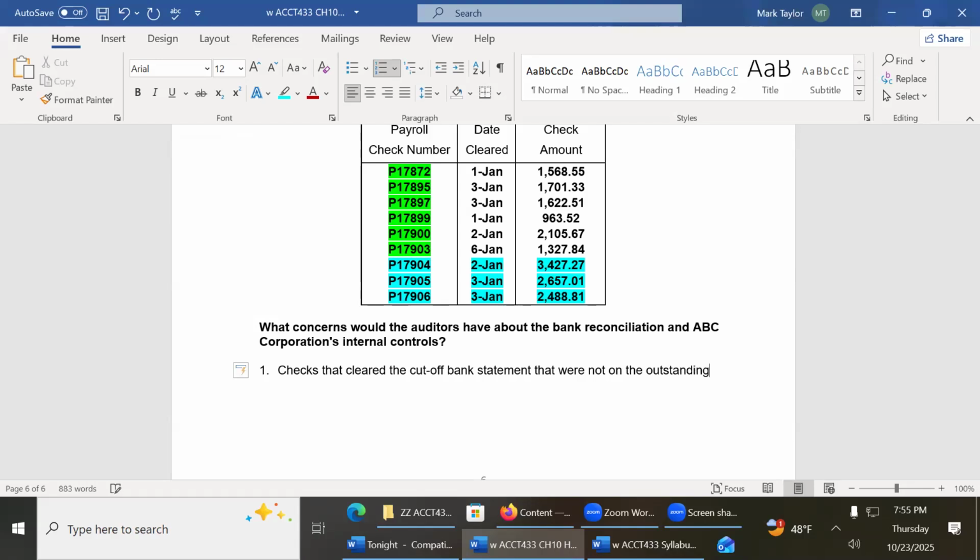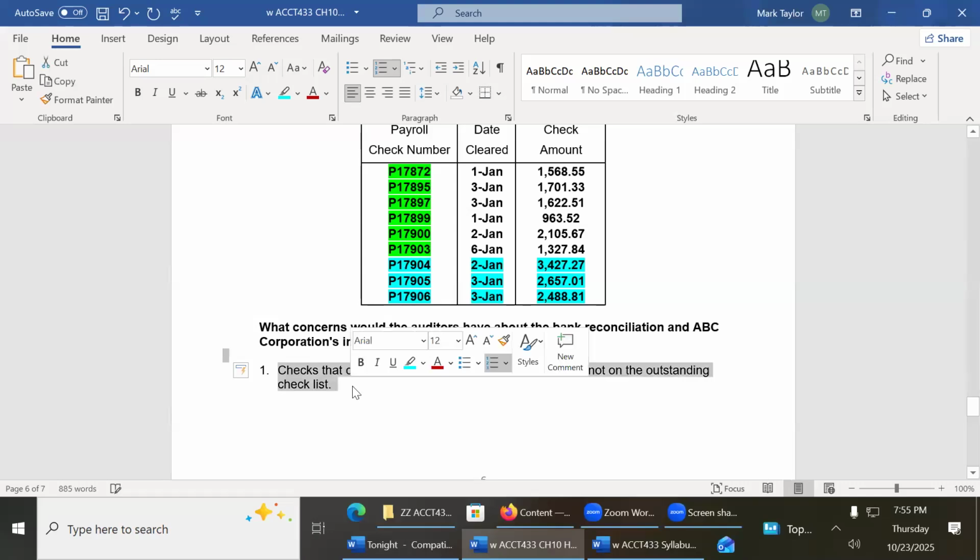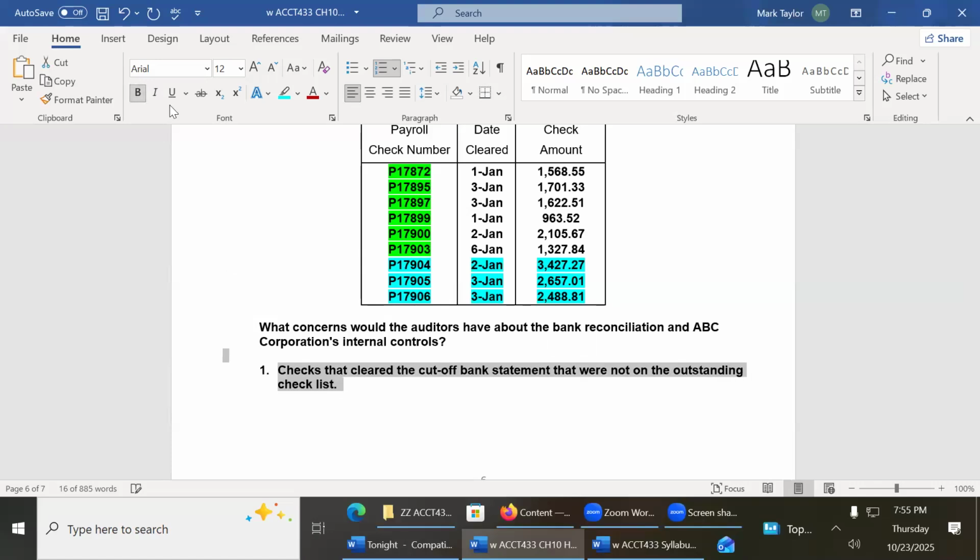And again, you're going to look into these and see what happened. These are things that in auditing, you'd be clearing these problems. And again, you don't know until you actually look into them.